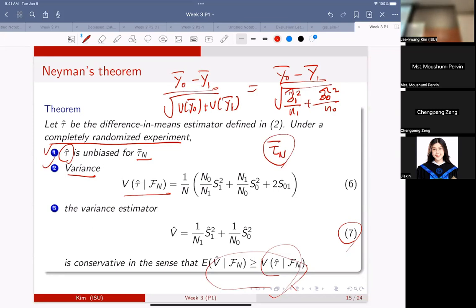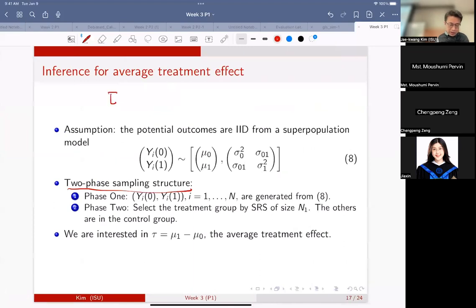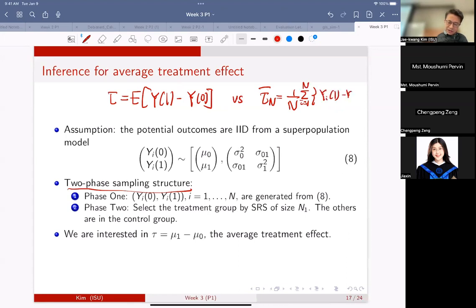But we may not be really interested in that particular population mean. Rather, we are more interested in tau. So we are interested in this quantity rather than this quantity. It depends on what you are interested in.